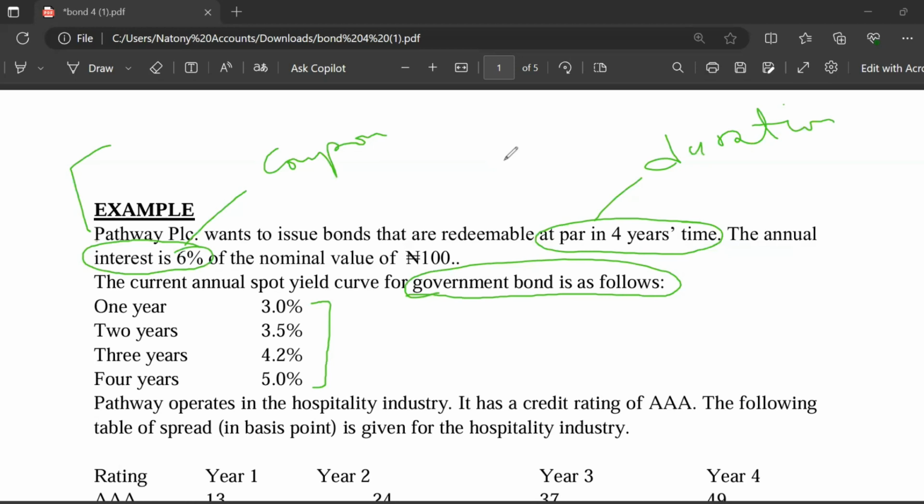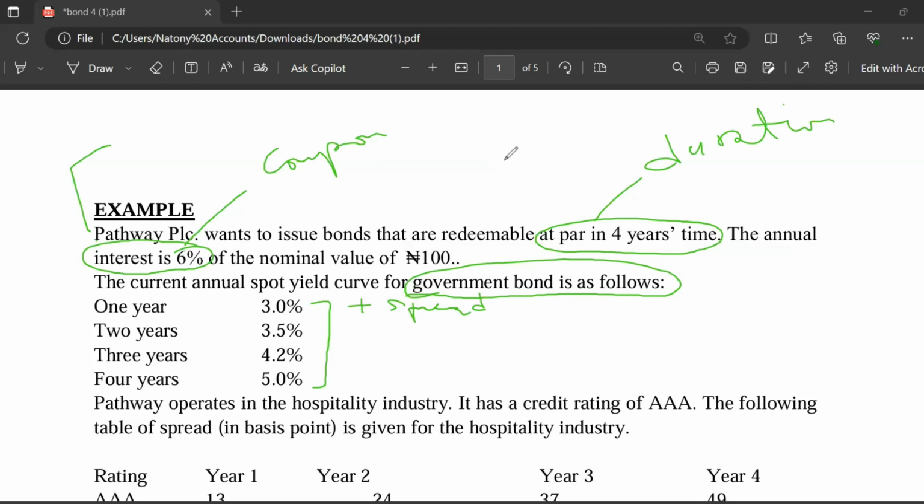It will be the spot yield curve of the government plus the spread, which connotes the risk of default. So 1-year bond, 2-year bond, 3-year bond, 4-year bond. These rates are the spot yield curve for each of the 4 years.